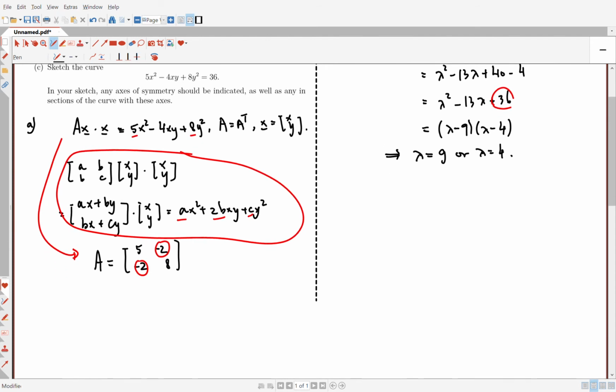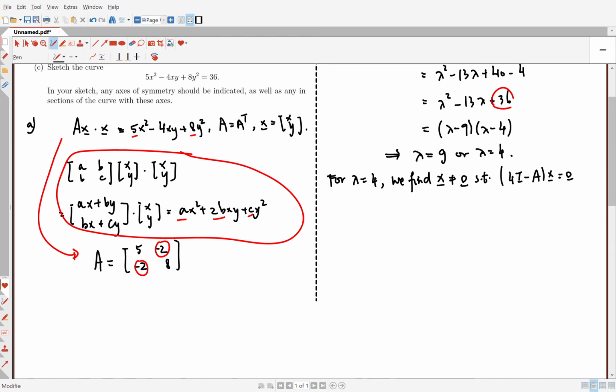Next, we find the eigenvectors. So for lambda equals 4, let's say, we find x that is not 0, such that 4I minus A, x is equal to 0.